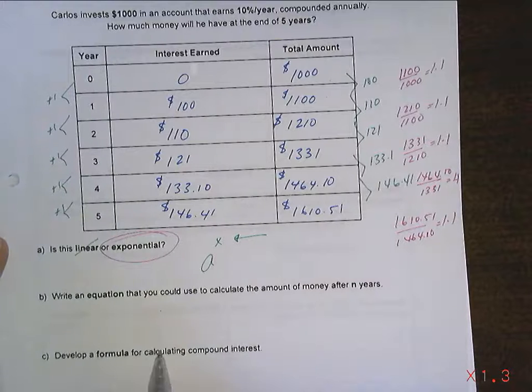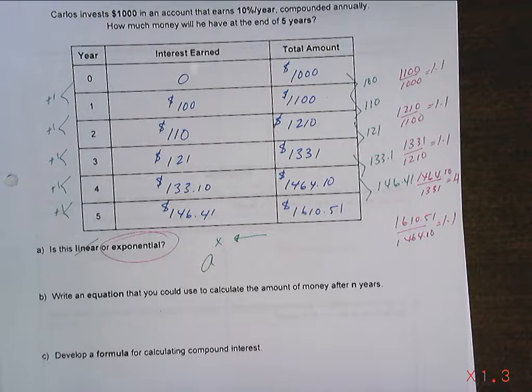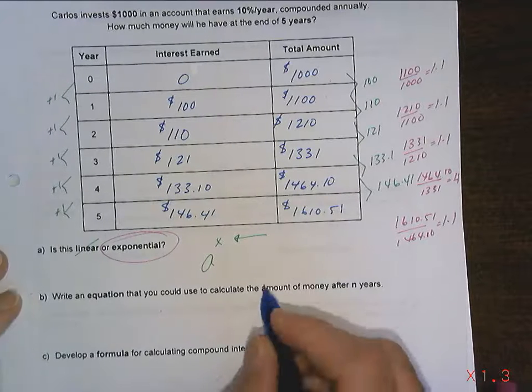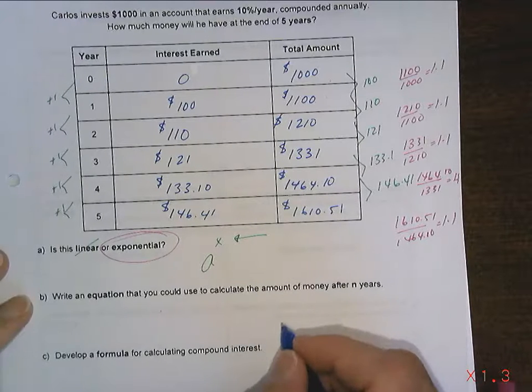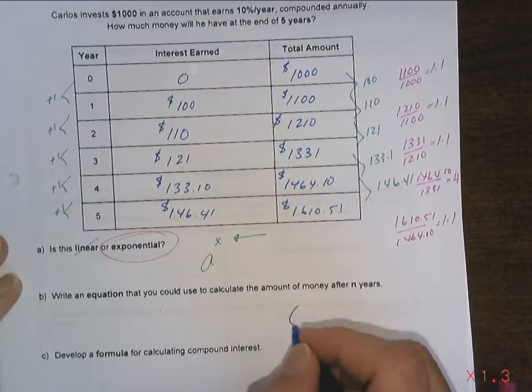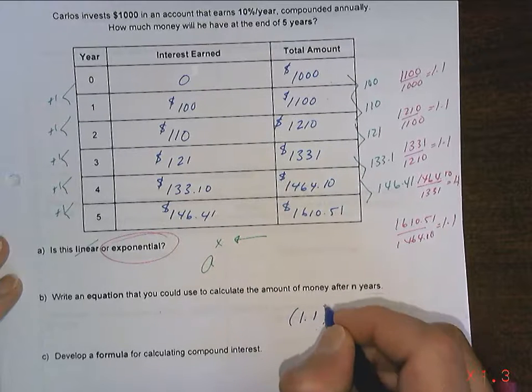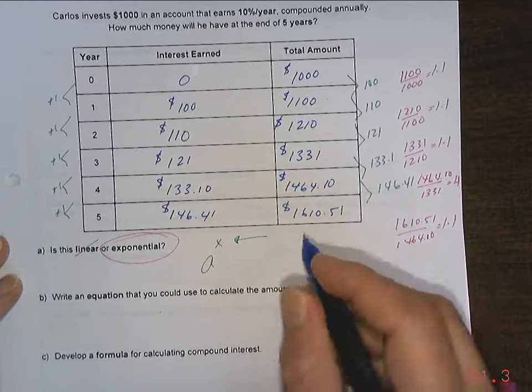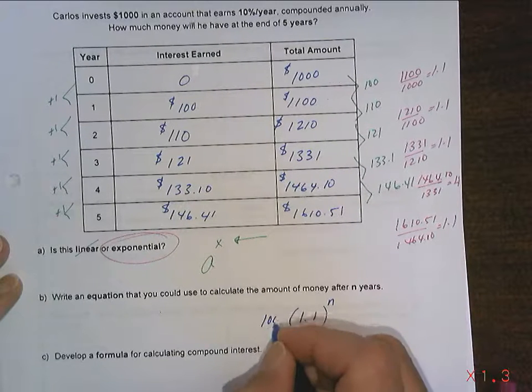So develop a formula, write an equation. For this one, this equation would be, if we think about doubling time, the ratio is 1.1, the number of years is n, and our initial amount is 1,000.